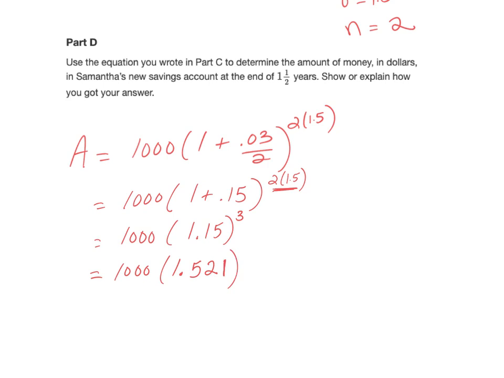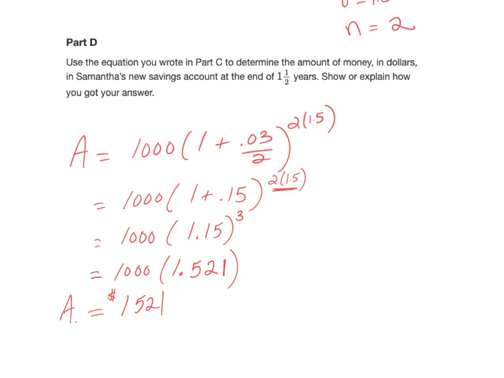And then my final answer will be that number I just raised to the third power times 1,000. So I'm going to have 1.521 times 1,000, which will give me $1,521. And that is the answer to part D.